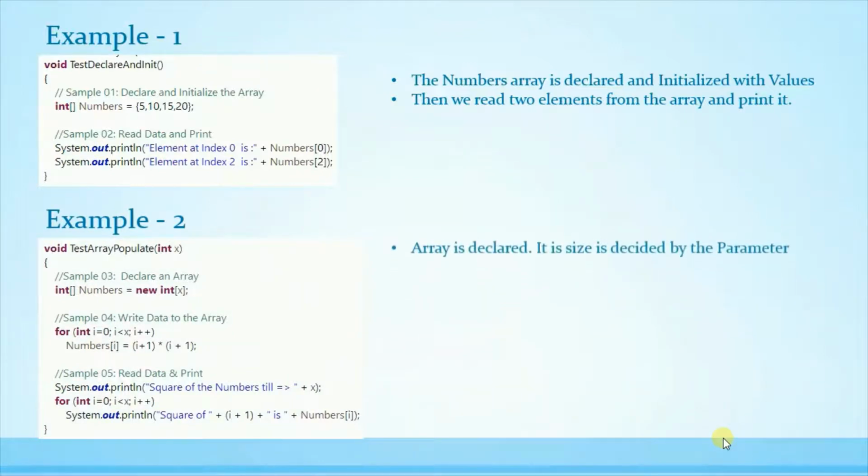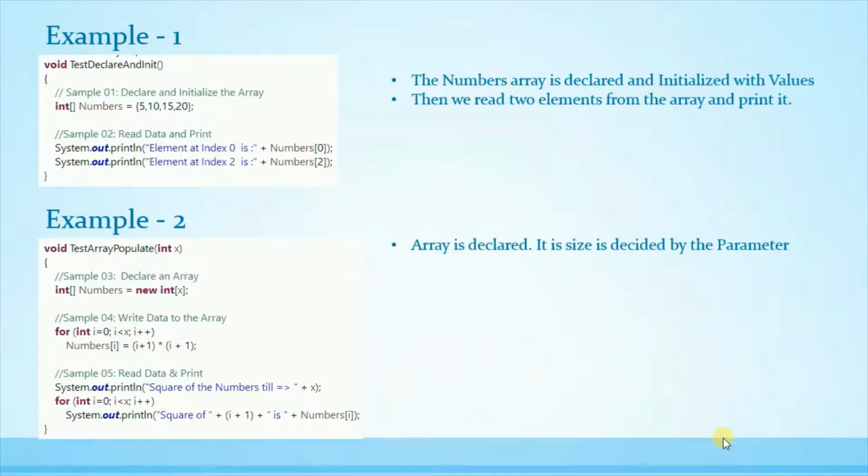So here in example 2, the array is declared and the size is decided by the parameter. Here we don't know the size of the array because it is dynamic. Whoever calls the function decides the size of the array.